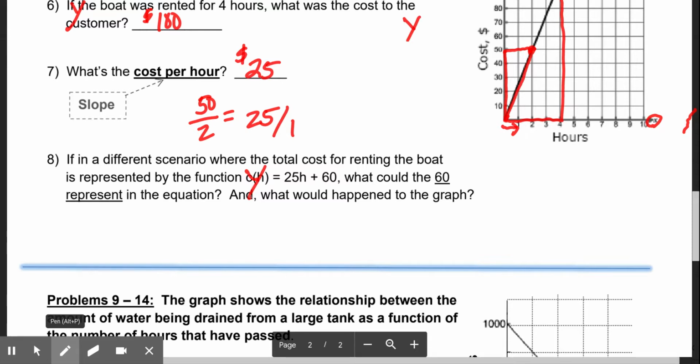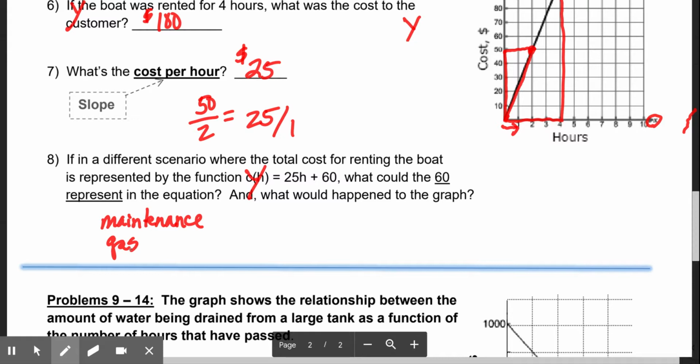What could the 60 represent in this situation? And what would happen to the graph? So the 60 could represent, what about some maintenance? What about gas? Just basic stuff like that.